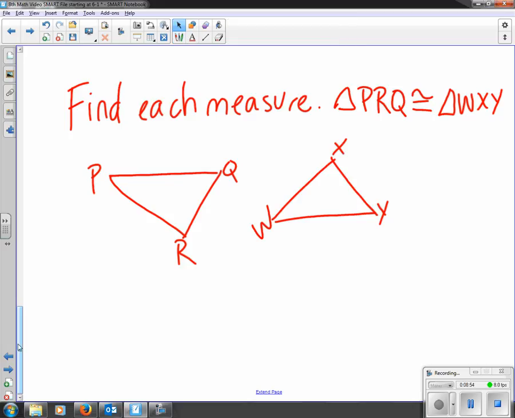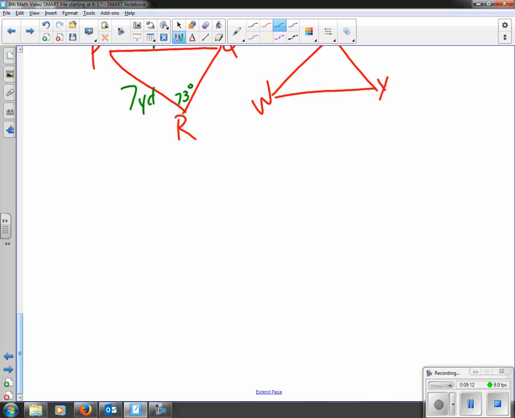Okay, I'm telling you they're congruent. So I'm going to just give you the measurements for one of the triangles. Now you need to give me the measurements for the corresponding triangle.